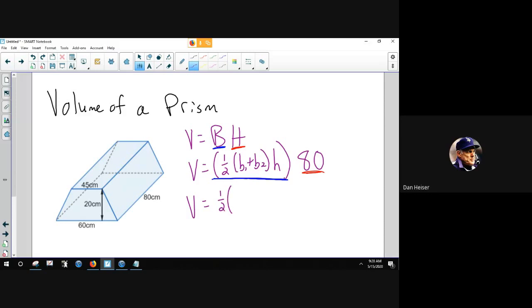The trapezoid bases are 45 and 60. The little h, the height of the trapezoid, is 20. And the height of the prism is 80. Now we just have to punch all this together and then make sure we do a units check.